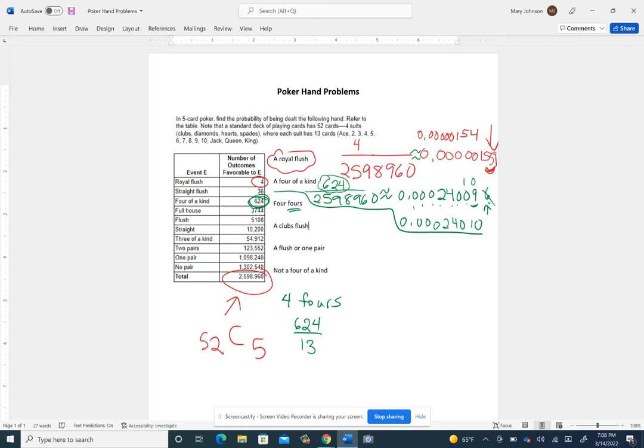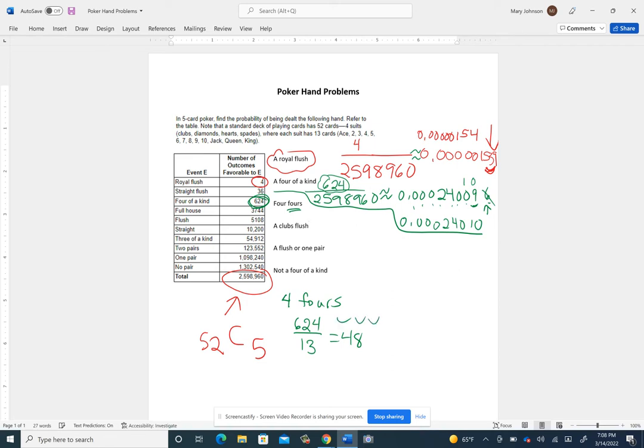That tells me how many four-of-a-kind hands divided by 13 is 48. That means there's 48 of those 624 hands. There would be 48 of them that would be made out of 4 fours.